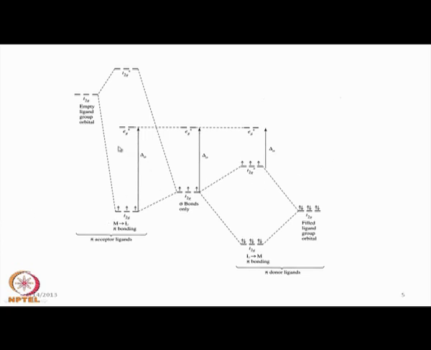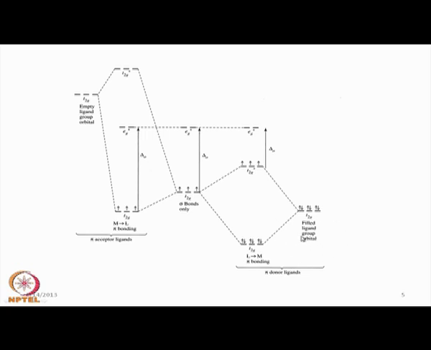And for the other one which we have just seen, pi acceptance, the gap will be increasing because the T2G level is getting stabilized. It is not stabilized like in the previous case, but it is stabilized a little bit due to the interaction from the T2G empty ligand group orbital, because the ligand group orbitals are empty.